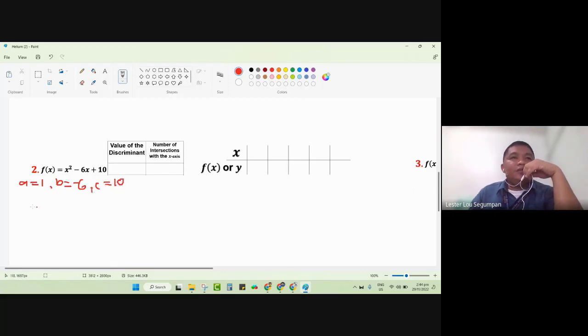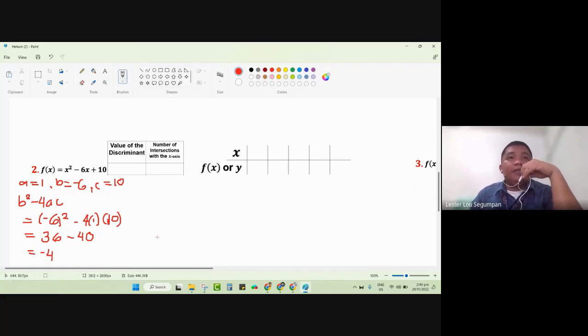Using these values, substitute into the discriminant, b squared minus 4ac, which equals negative 6 squared minus 4 times 1 times 10. Negative 6 squared is 36 minus 40. The value of the discriminant is negative 4.